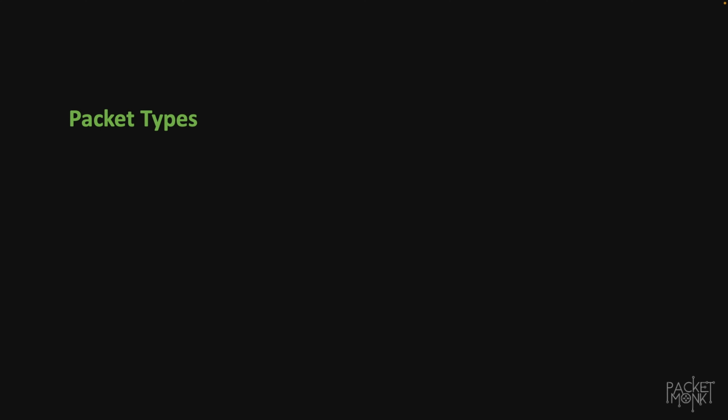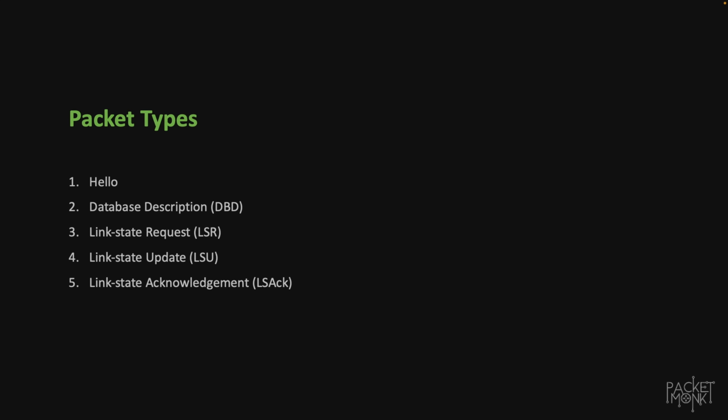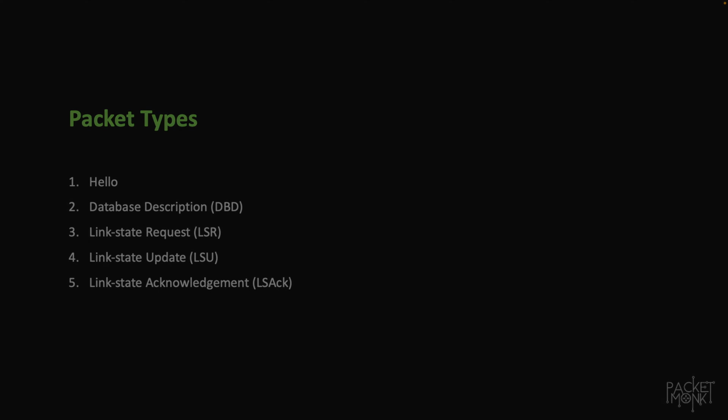There are different types of OSPF packets and they are hello, database description, link state request, link state update, and link state acknowledgement. OSPF packet types are often referred to as OSPF messages, so I might be interchangeably using either of it in this video. Now we are going to look at each of these packets in detail in upcoming slides.